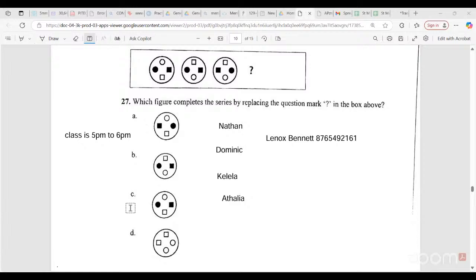Sir, why I say it's B, sir? If you look, sir, it has the circle, then square down, circle on top, square down the bottom, then circle, then square side. So sir, then it goes to square and then circle, but then it leaves the same pattern with the circle and the square when it's going side by side, sir. And then it left the square on top and the circle on the bottom, and then it moved one to the other side, sir.